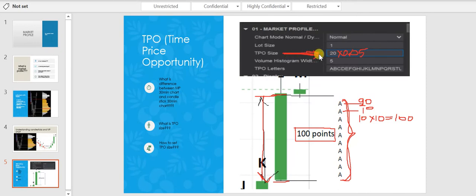This TPO size option is already available in all the market profile charting software, maybe in NinjaTrader, Finalgo. You will have this TPO size option in the charting software.